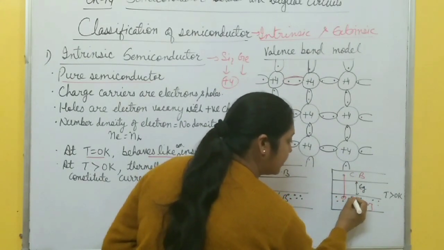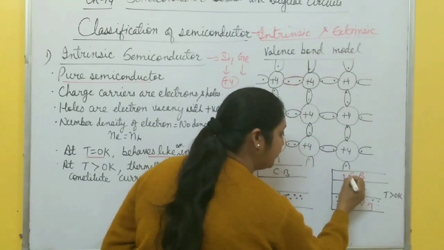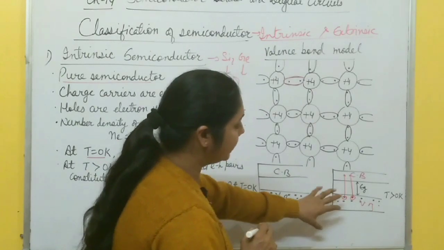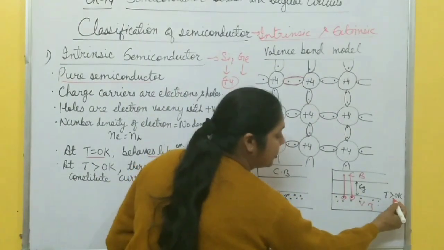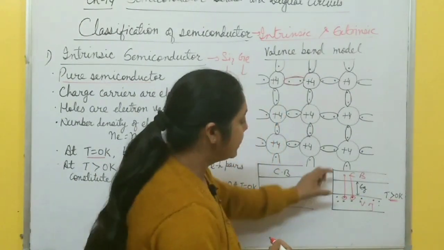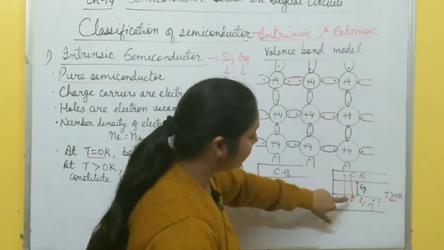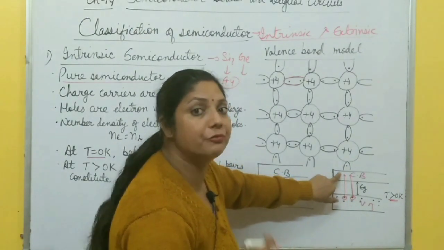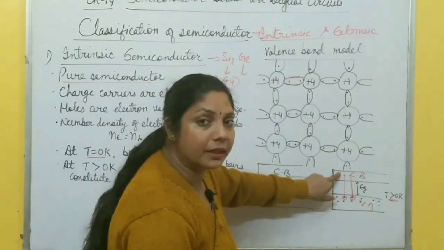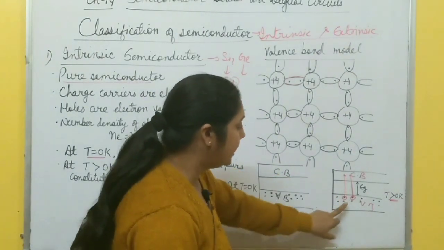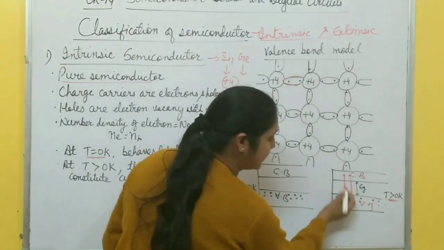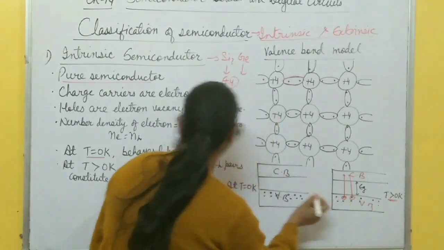So when temperature is greater than 0 degree Kelvin, some electrons move from the valence band to the conduction band, become free, and are able to conduct electricity. The vacancy created by a valence electron is called a hole.